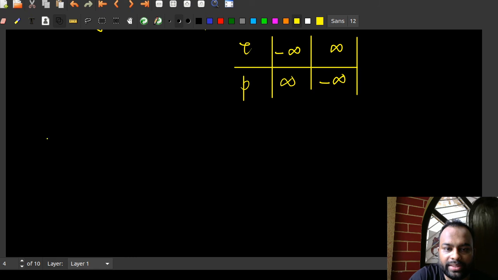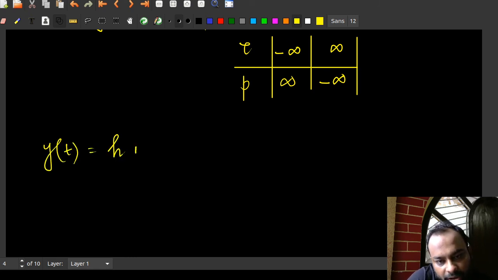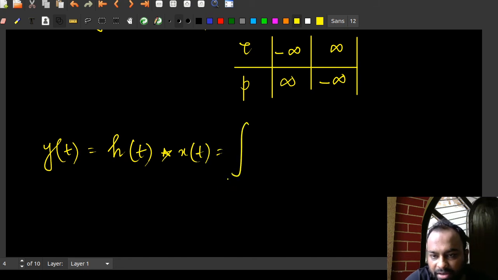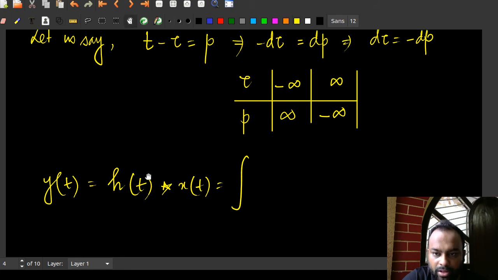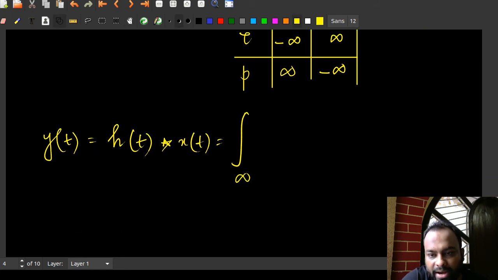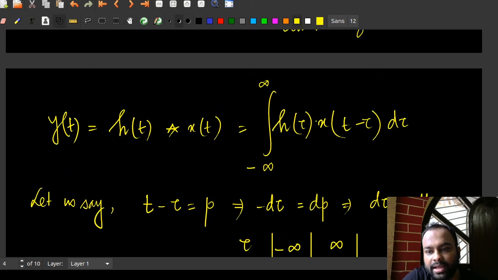So we have the output of the system, which is again the convolution of ht with xt. That was integration from minus infinity to infinity. Now we are substituting tau with p, so we would have from infinity to minus infinity.